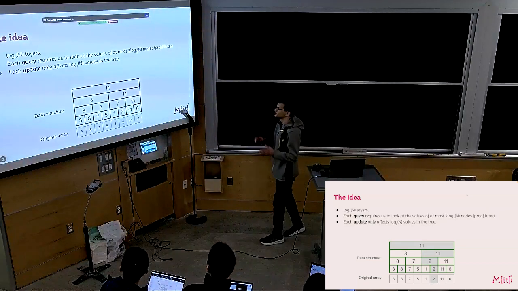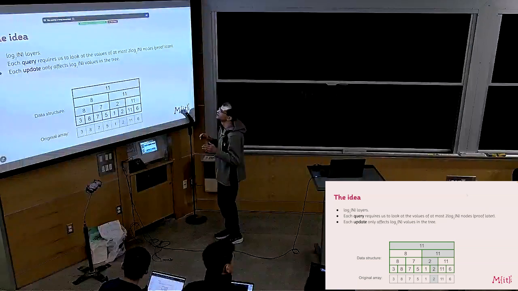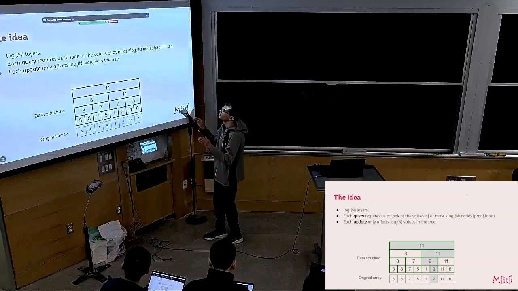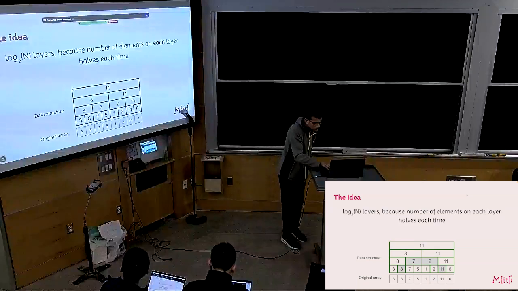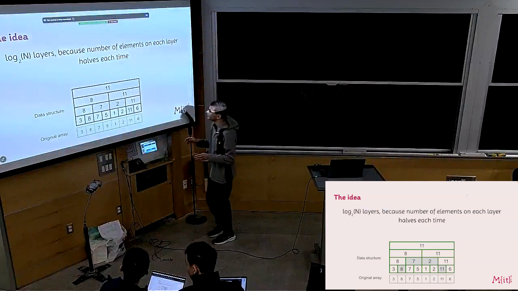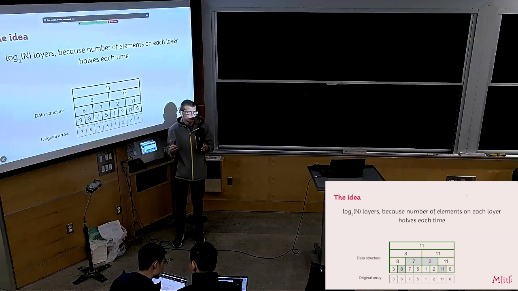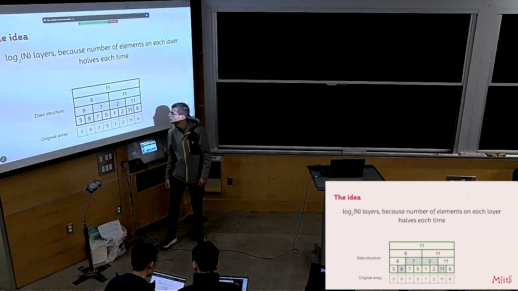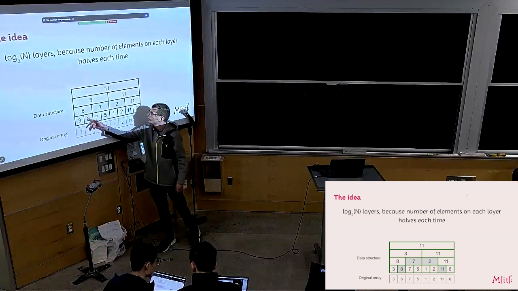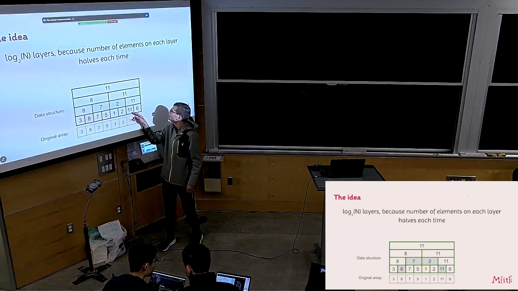So let's think a bit about the queries and the updates on a high level. On each query, we only have to look at 2 values on each layer, because if we think about it from the perspective of repeated block decomposition, we will only have one element that doesn't fit in the block on the next layer on the left, and one element that doesn't fit in the next layer's block on the right.